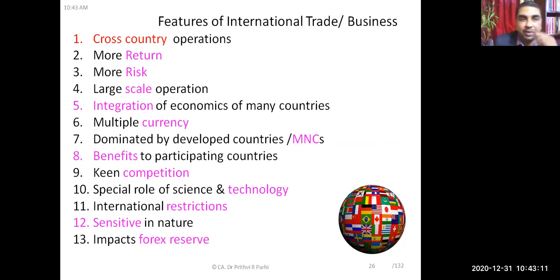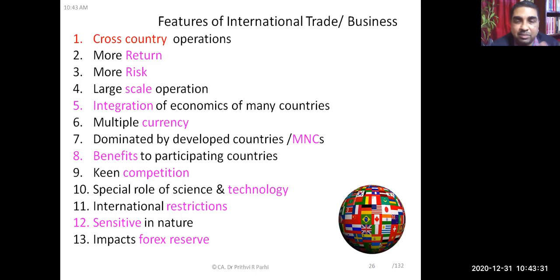As you can see on your screen, this is the list of various features of international trade and business, which you have discussed earlier. Let us quickly recapitulate these features. As you know, international business deals with cross-country operations.